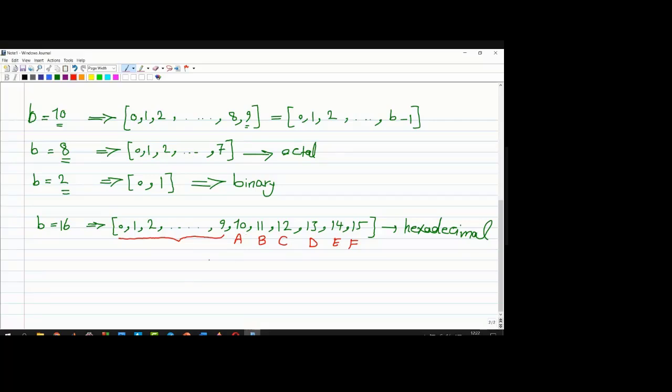What does it mean? It means that if you have a number like that, 4BC5, this number is in the base of 16.